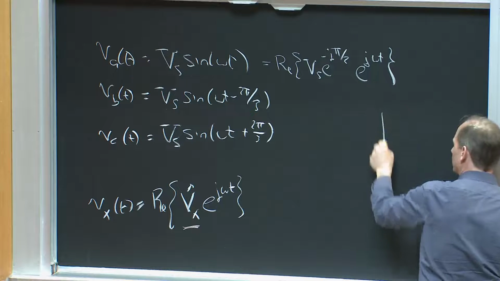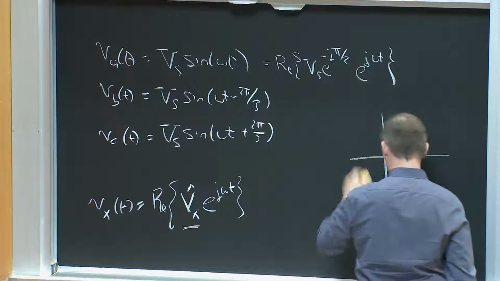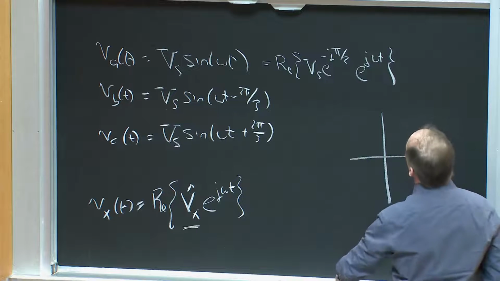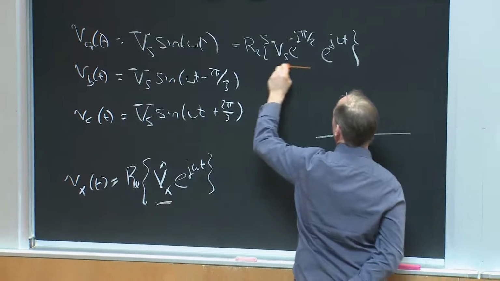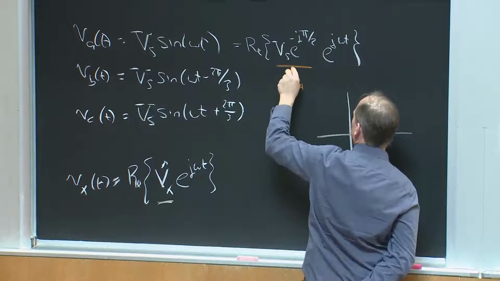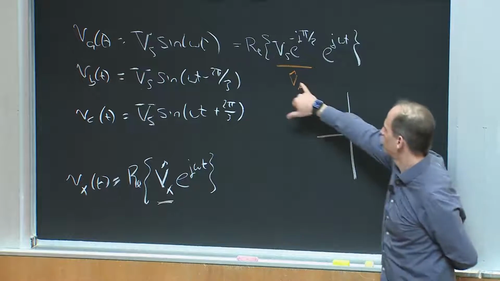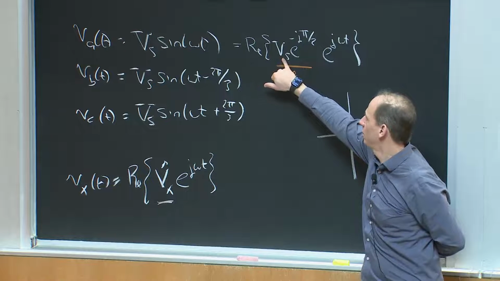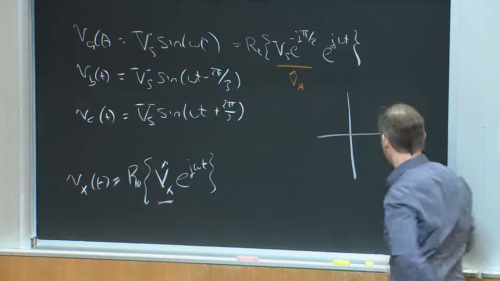And in this case, if I plotted, this could be my phasor VA hat, which says it has a magnitude of Vs and a phase of minus pi over 2.